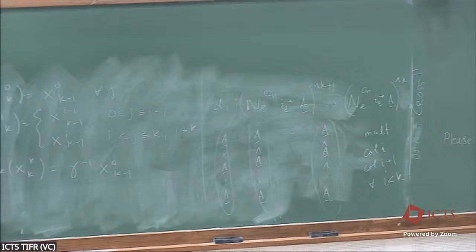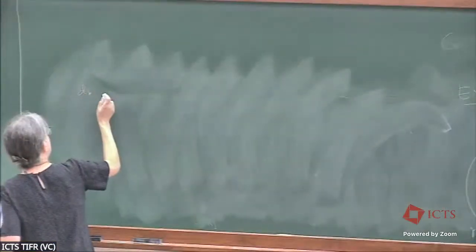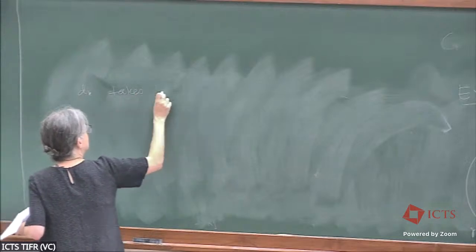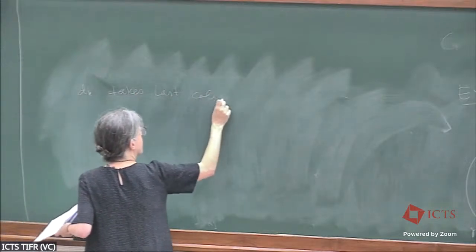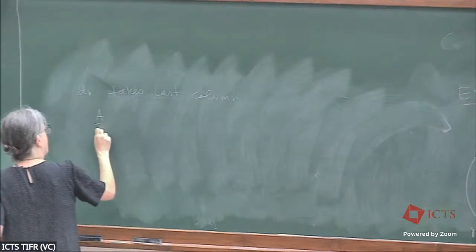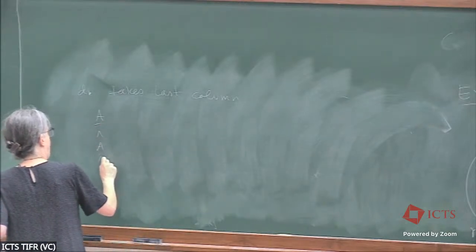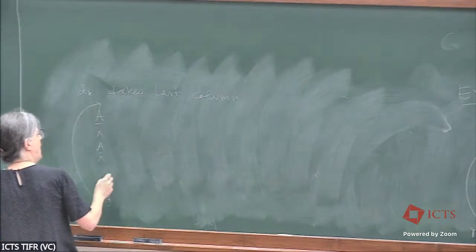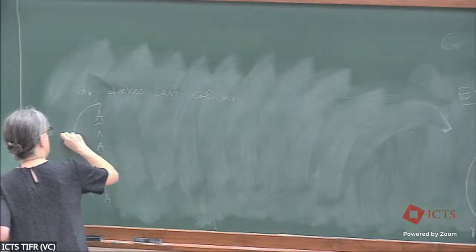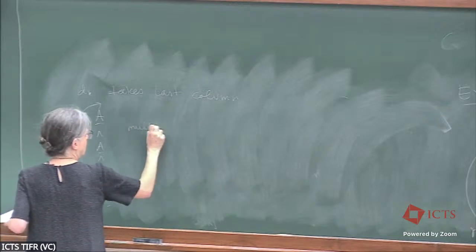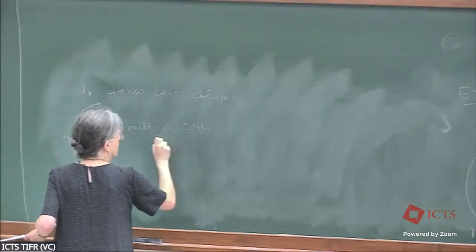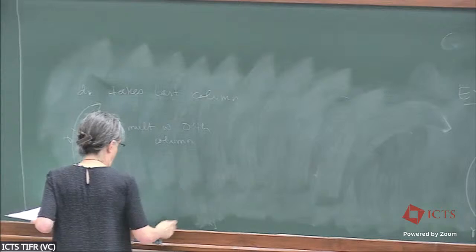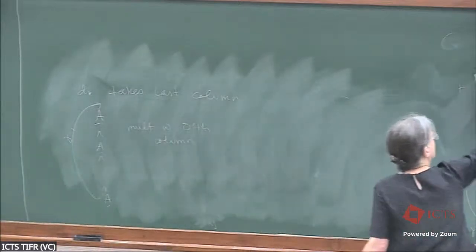So d_k takes the last column, puts this one in the front, so this is the gamma inverse, and then multiplies with the 0th column.